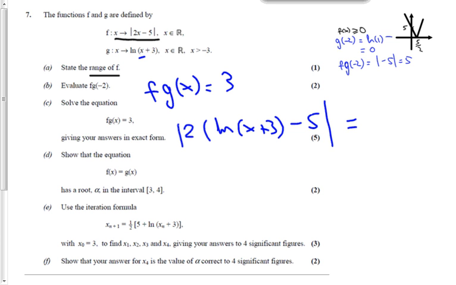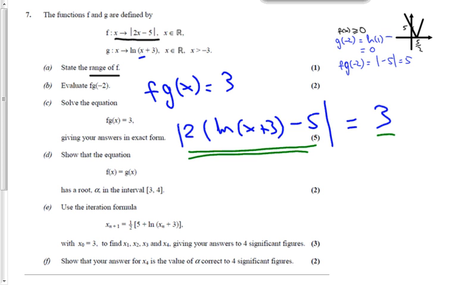is equal to 3. So like all modulus equations, if I remove the bracket, remove the modulus, I can either have positive 3 or negative 3. In other words, if the modulus of something equals 3, then either this is equal to 3, or this is equal to minus 3.